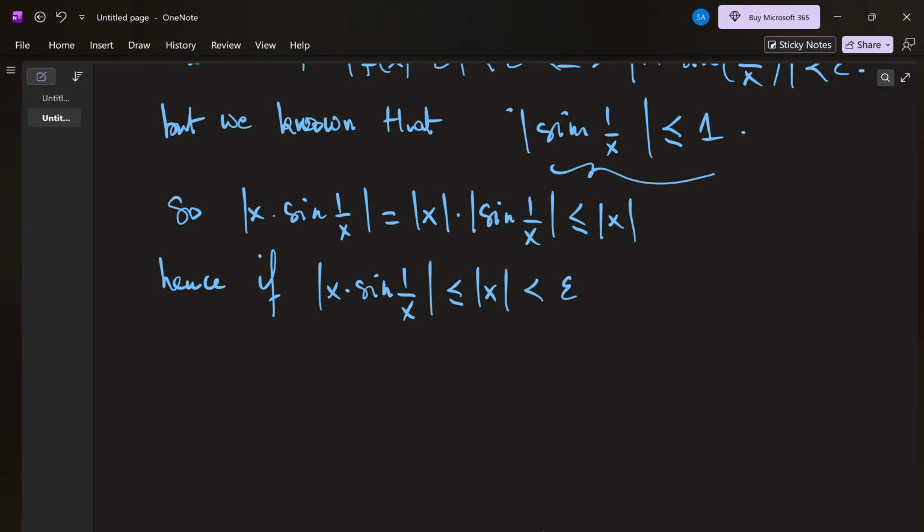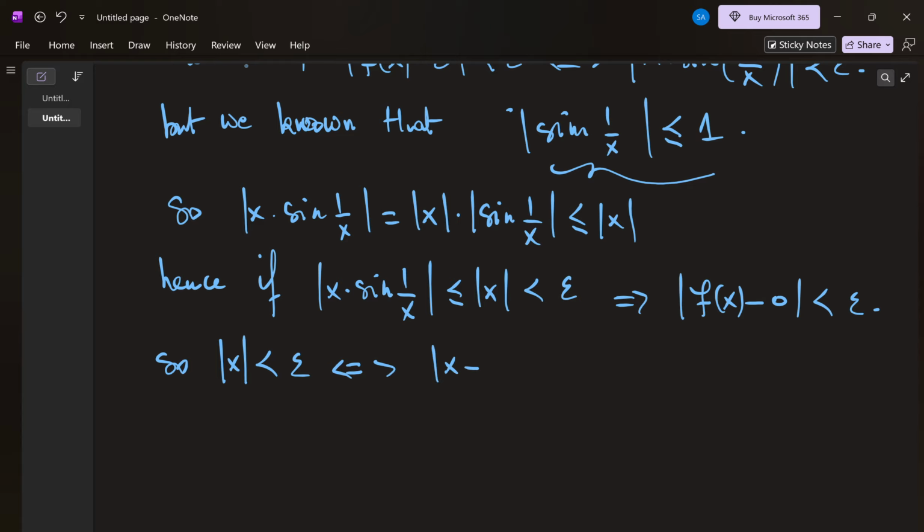then f of x minus 0 is less than epsilon. So the absolute value of x less than epsilon is equivalent to x minus 0 less than epsilon. So we take delta equal to epsilon.